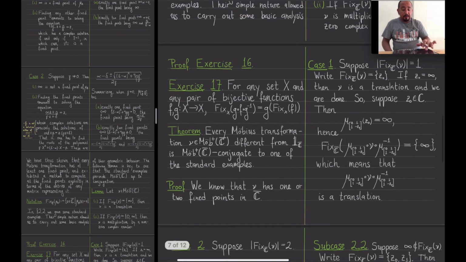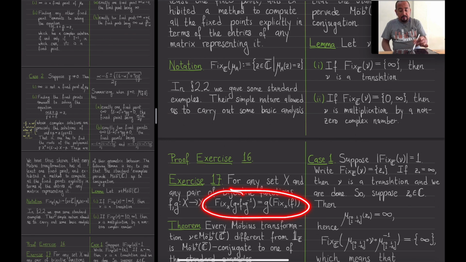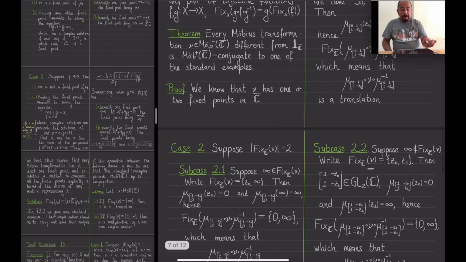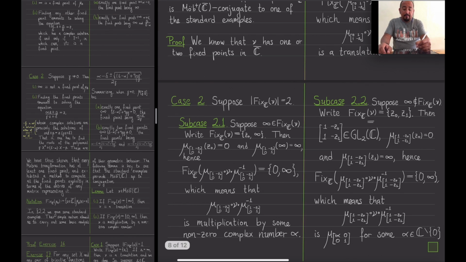So because of this lemma, and because you know that the fixed points of the conjugate are g of the original fixed points, what you need is a Möbius transformation that simply sends z0 to 0.